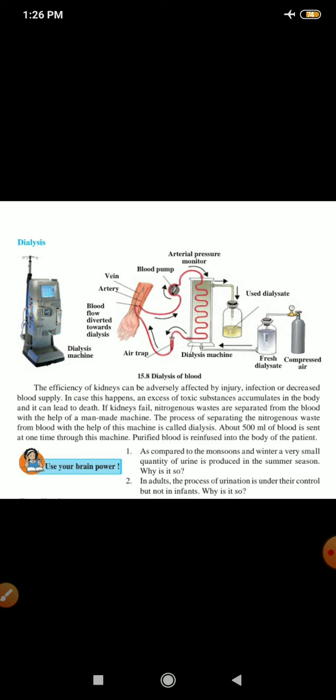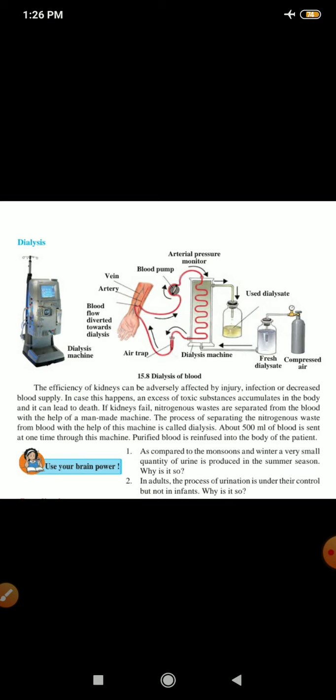So in this case, an excess of toxic, that is poisonous, substances accumulates in the body and it can lead to death. So if kidneys fail, the nitrogenous wastes are separated from the blood with the help of a man-made machine. The process of separating the nitrogenous waste from the blood with the help of this machine is called dialysis.